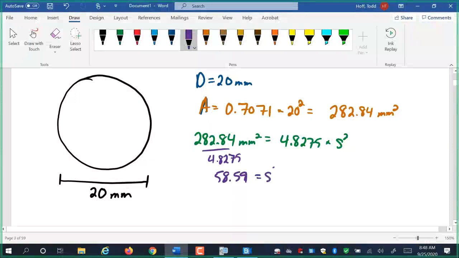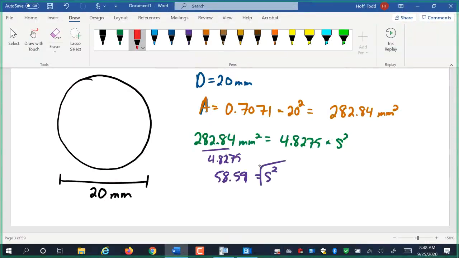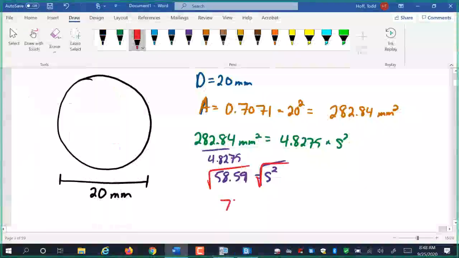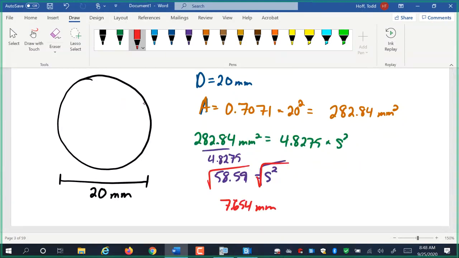That is the side squared, so we have to square root that yet. The square root of that previous answer is 7.654 millimeters, which would be the length of the side of the largest octagon shaft we could cut out of that. Make sense?